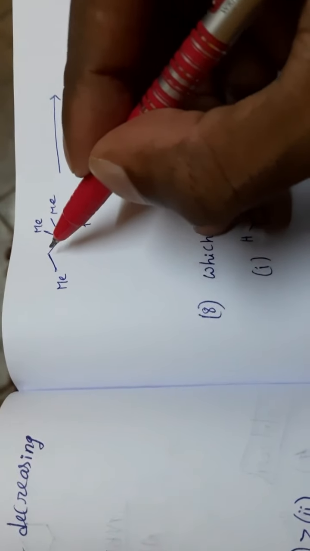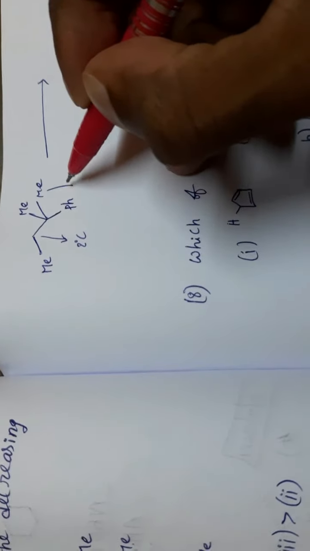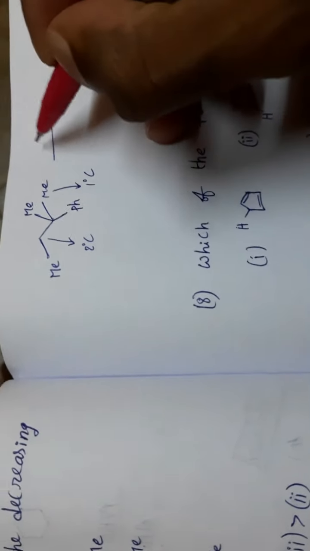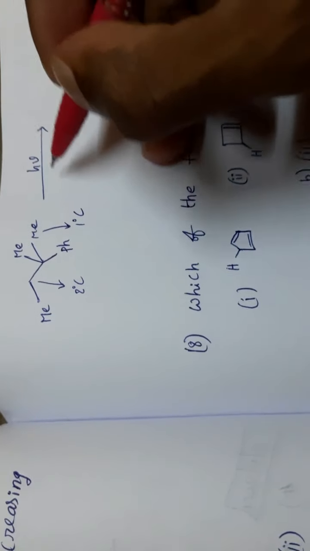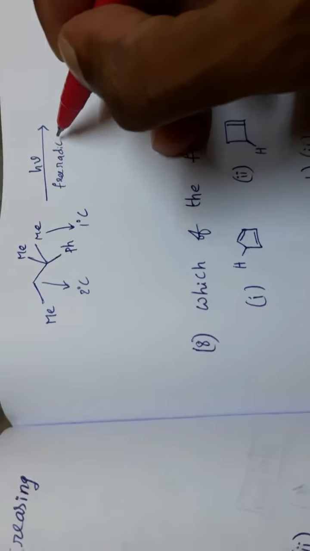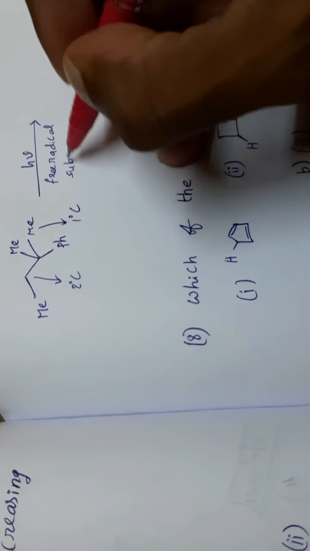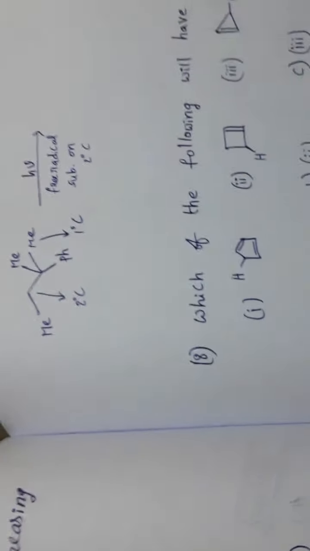Here this is a secondary carbon. This is a primary carbon. In presence of light, free radical substitution takes place on the secondary carbon.